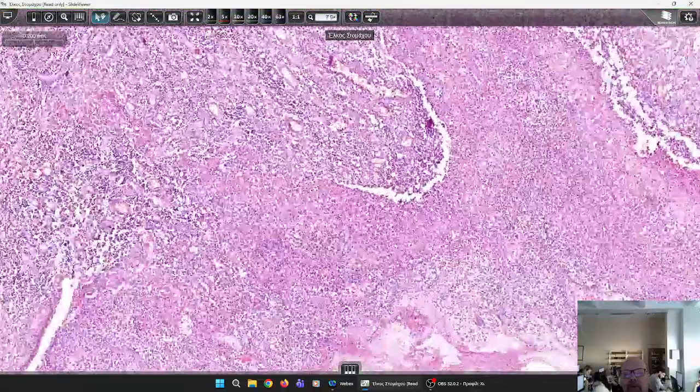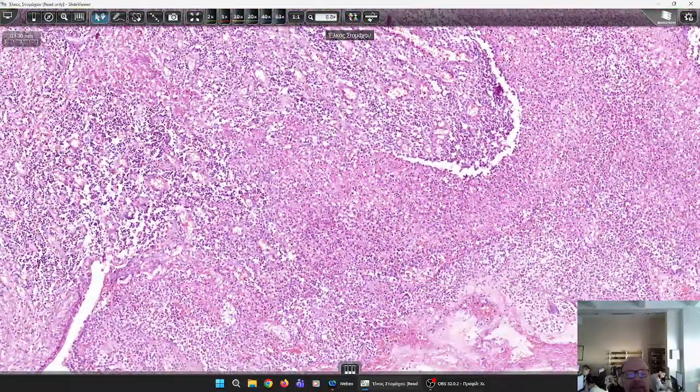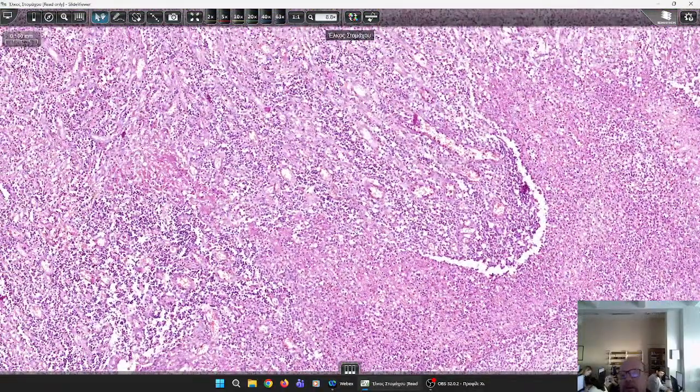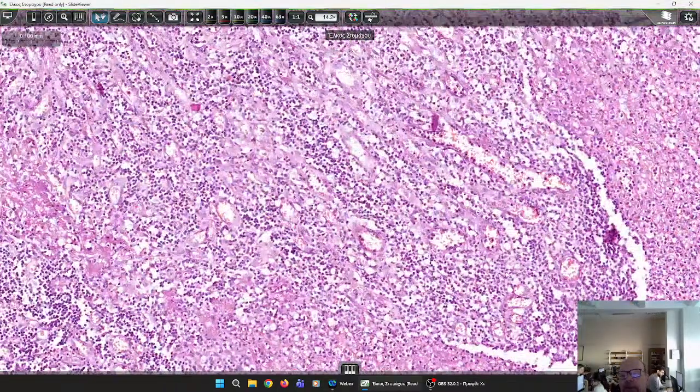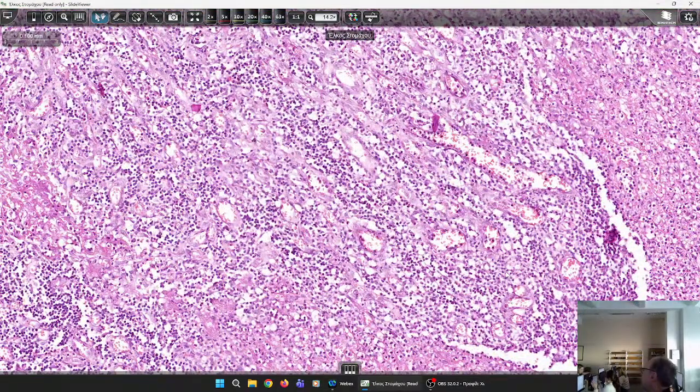And furthermore, in the base of this fibrinopurulent exudate, we see granulation tissue.